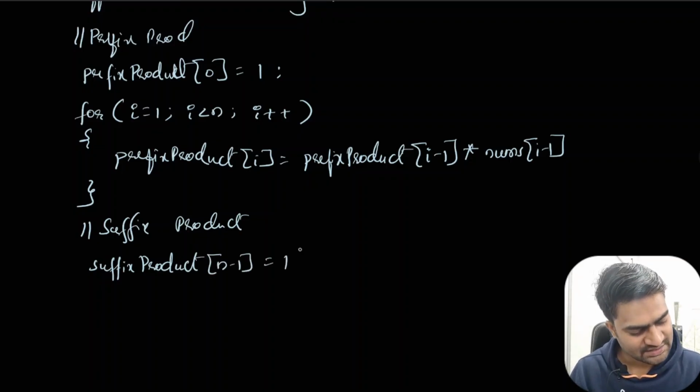Correct, right? This is our initialization. Then we will start from for i equal to n minus 2.